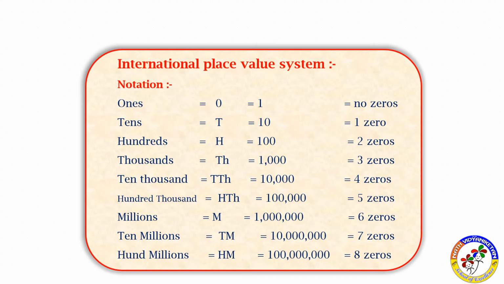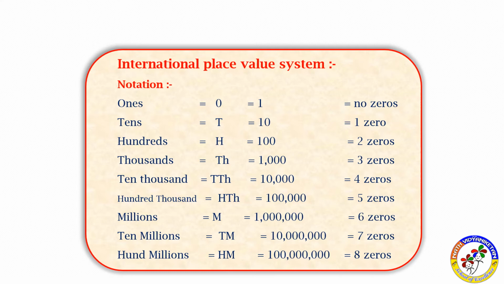And then hundreds can be written as H, that is 100. It has 2 zeros. And then thousands place we can write as TH, that is 1000. In this thousand we have 3 zeros.